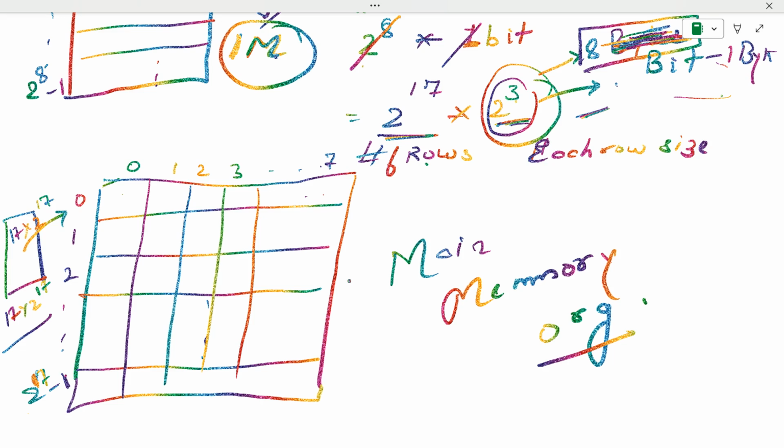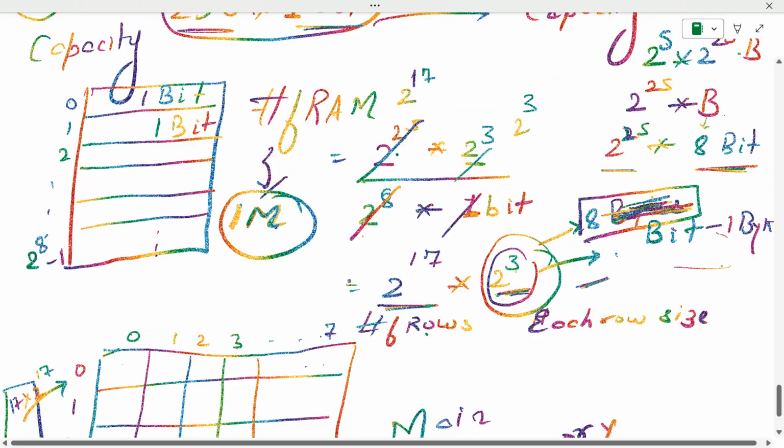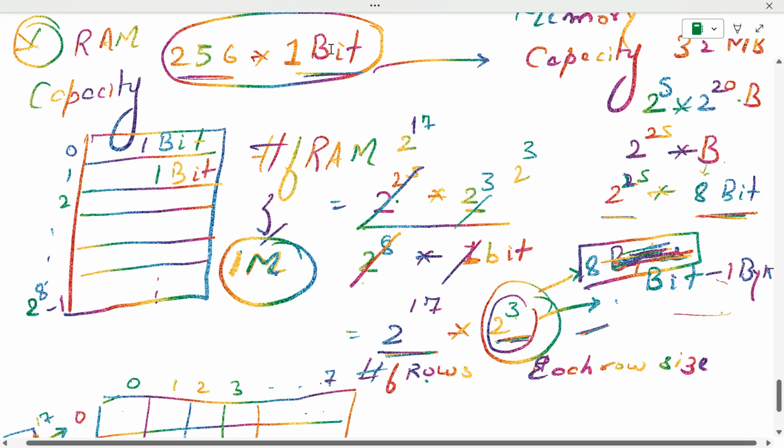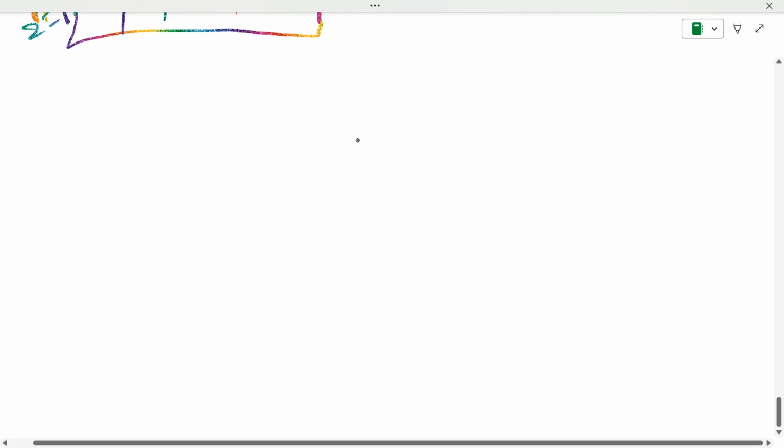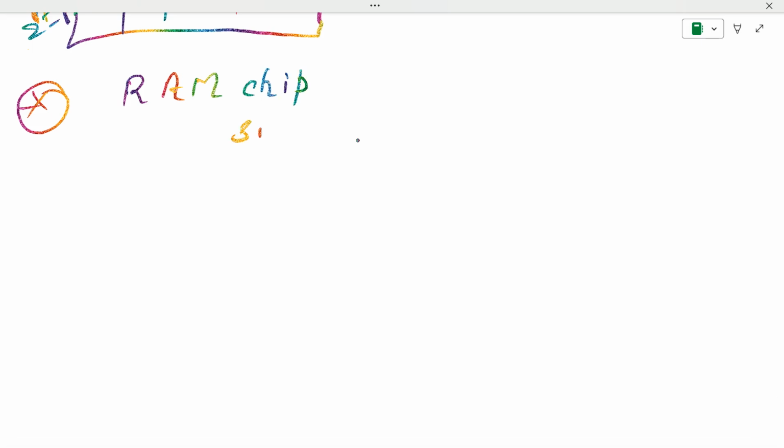So this is what I want to show: based upon how the RAM is, we have to organize the memory accordingly. There's one more question saying that the RAM chip size is 512 into 2 bit.